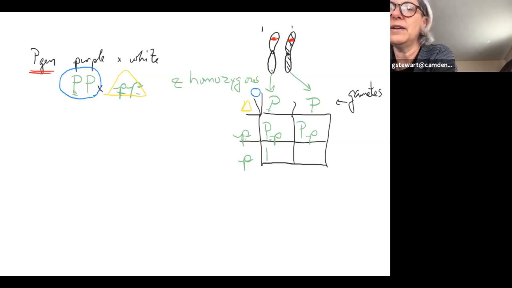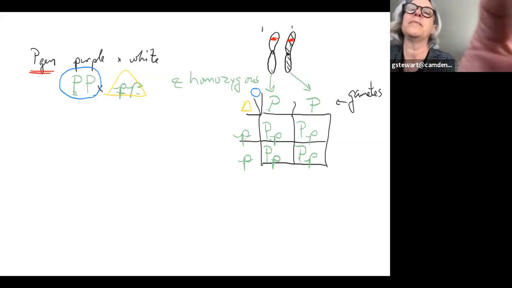Okay, and then what happens if this allele meets up with that one, and so on. Right. So now I have all the boxes filled, and now I look at my symbols and I try to determine what that's going to tell me about the phenotype.